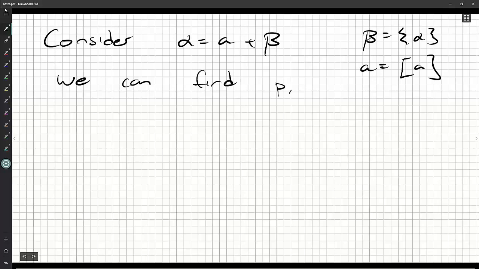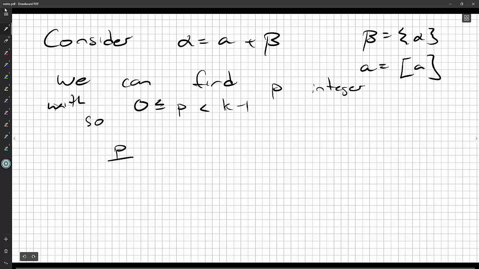We want to say, well, we can find p, an integer between 0 and k minus 1, so that p over k is less than beta is less than p plus 1 over k.